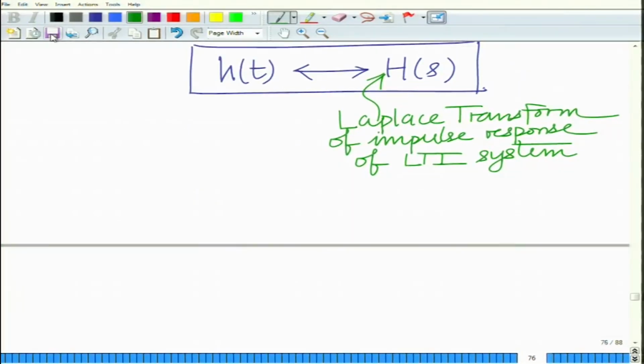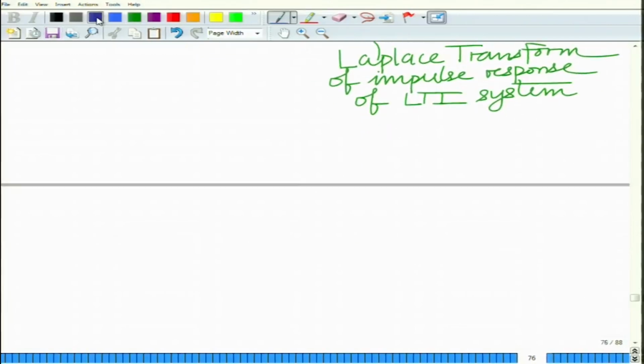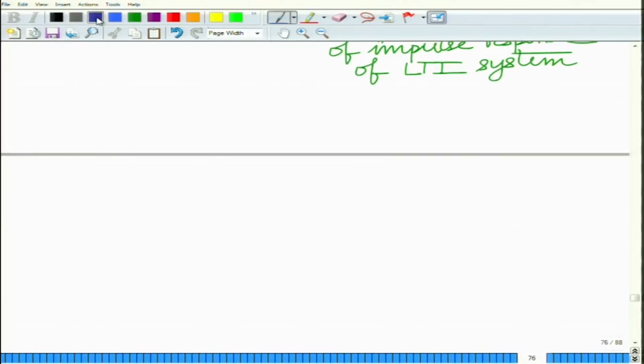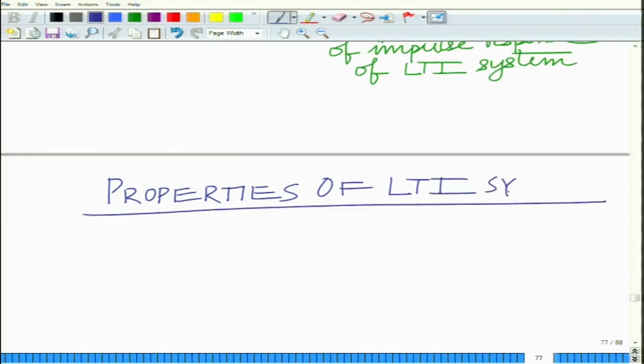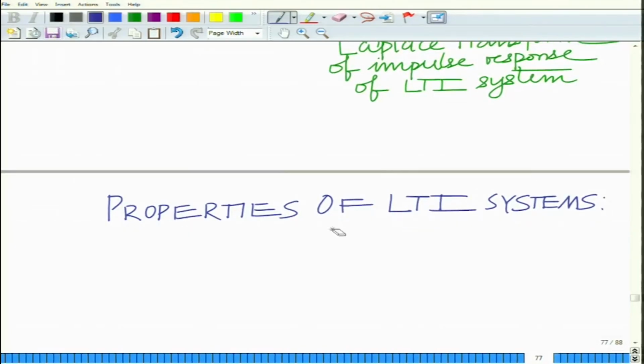Further, let us now look at other properties of LTI systems from the perspective of the Laplace transform.